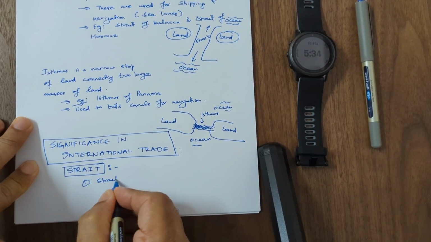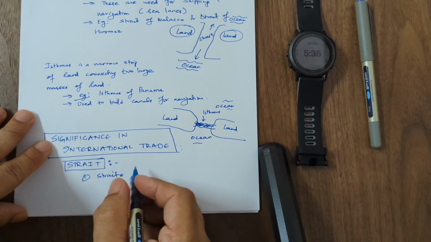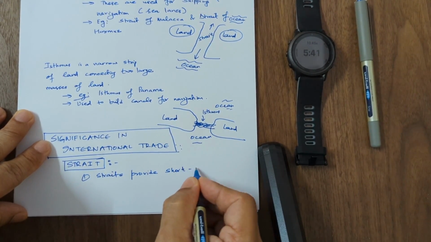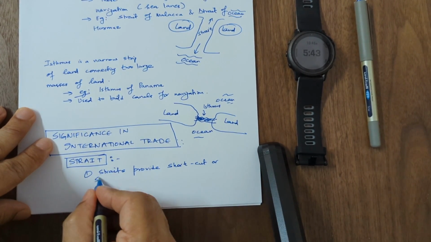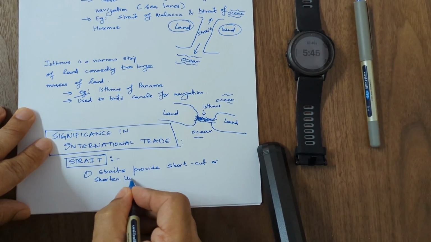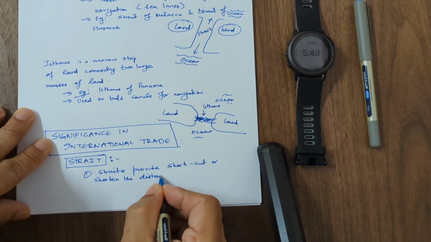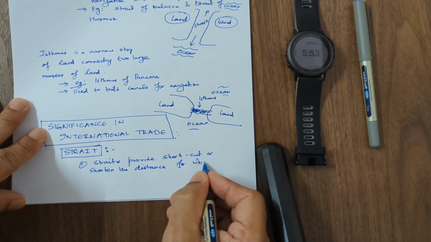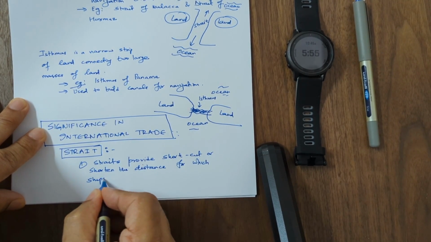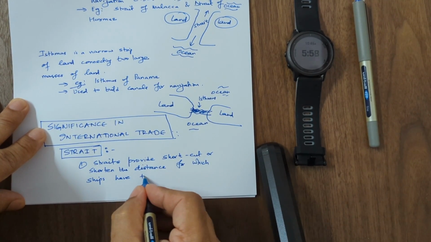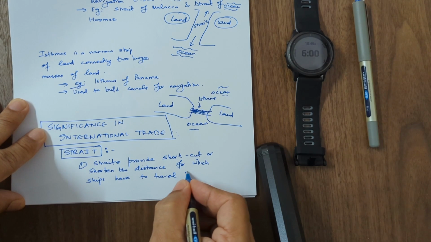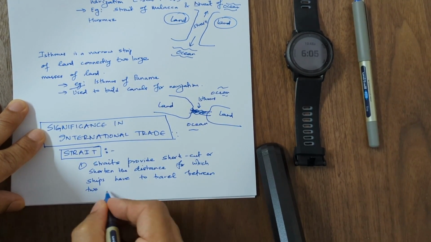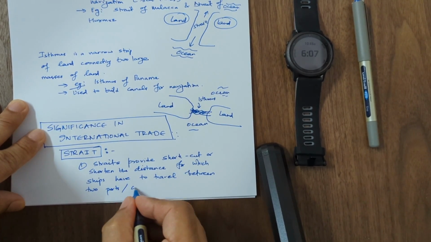Number one, straits provide shortcut or shorten the distance for which ships have to travel between two ports, continents.